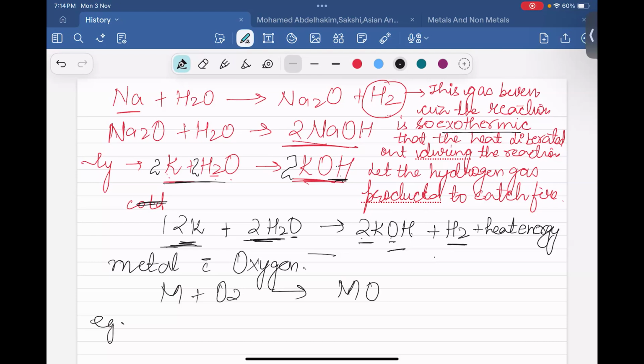For example, I'm taking potassium. When potassium reacts with oxygen, they form potassium oxide. Metal oxide means potassium oxide.